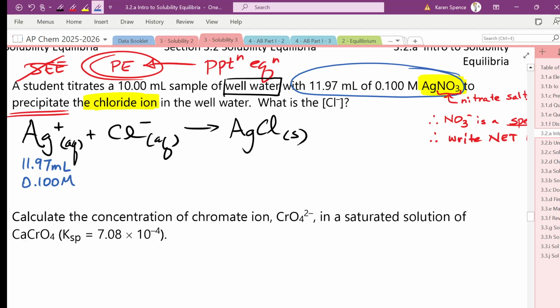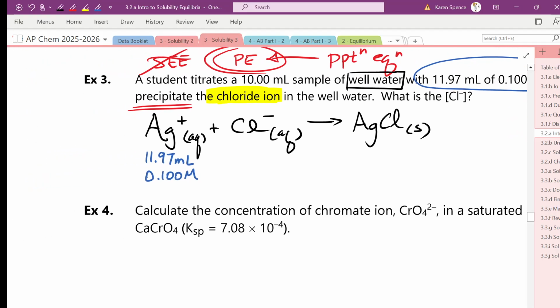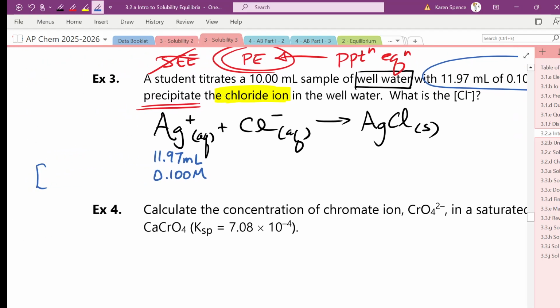Now, are we okay with the fact that the silver is 0.1 molar because it's the same as the silver nitrate? Yes? The concentration of Ag plus equals the concentration of AgNO3 equals that. Okay.